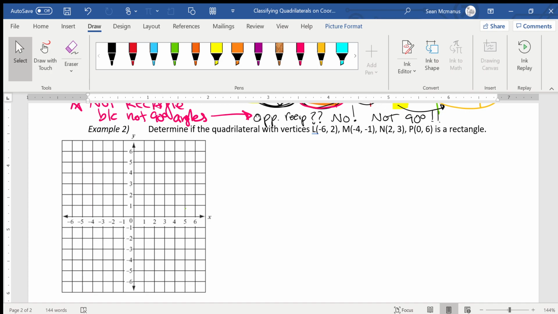So second example, we did one example up above. Here's number 2. Determine if the quadrilateral with the given vertices is a rectangle. So first thing we need to do is plot those points. So -6, 2, that's point L. M is -4, -1. N is 2, 3.